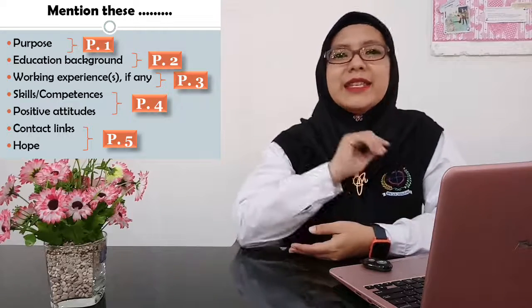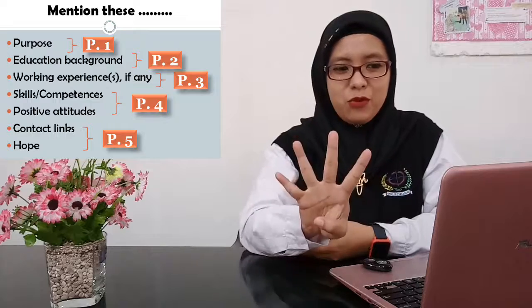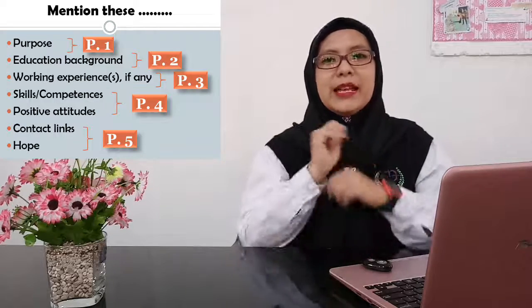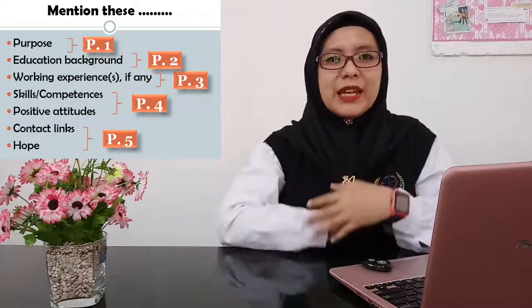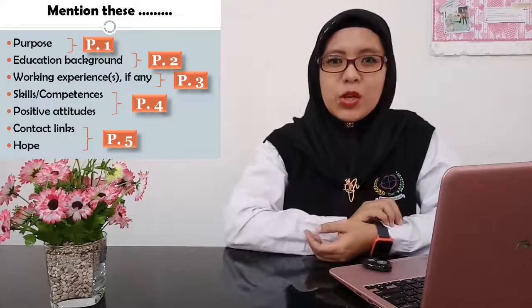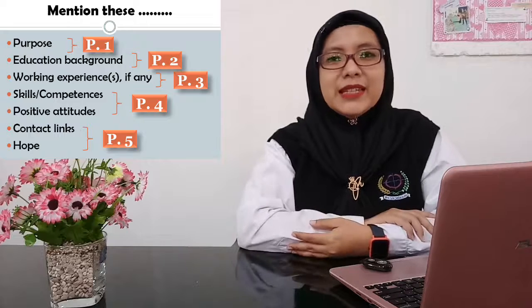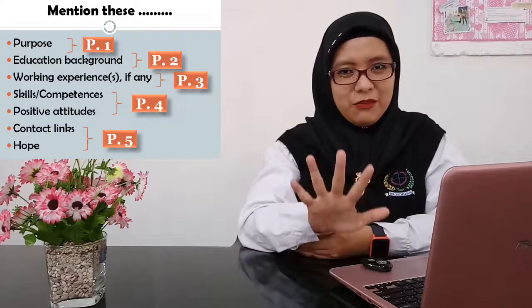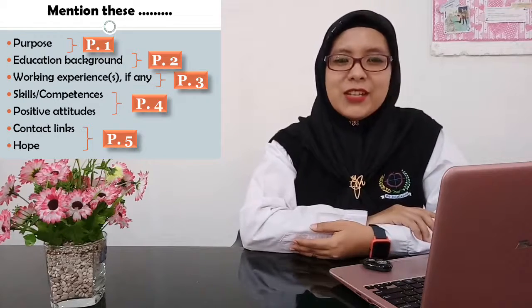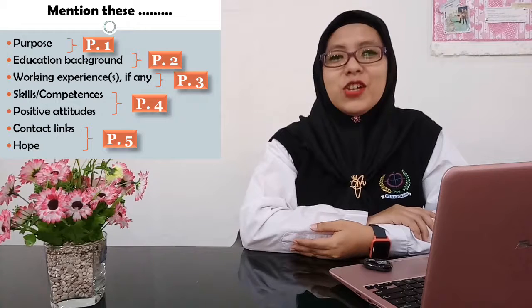Okay, and in paragraph 4, you combine the information about your skills and competencies as well as your positive attitudes. And then the last one, of course, paragraph 5, you mention your contact links and your hope.